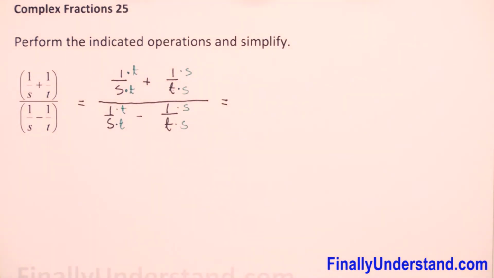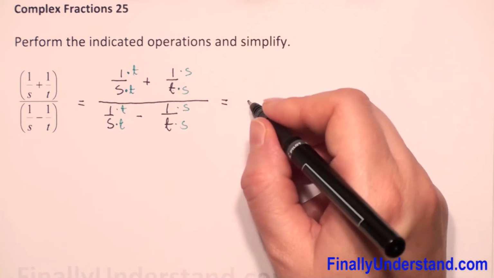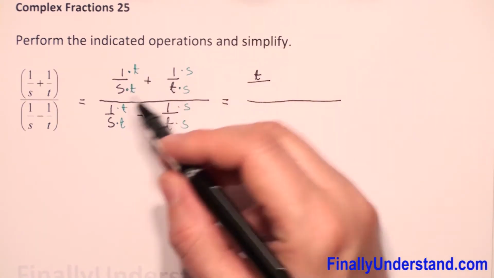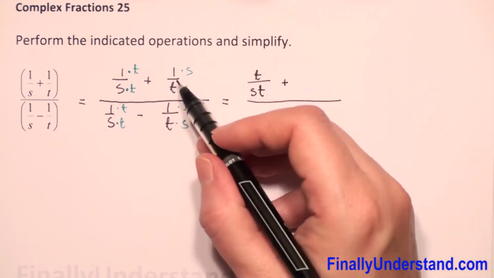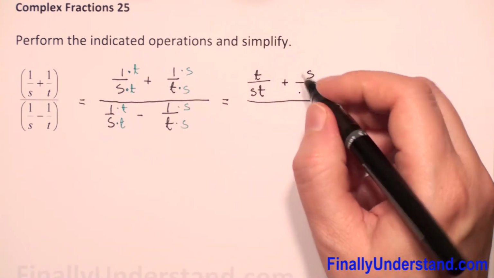We need to have the same denominator to add or subtract fractions. So now we will have 1 times t is t, s times t is st, plus 1 times s is s, t times s is ts.